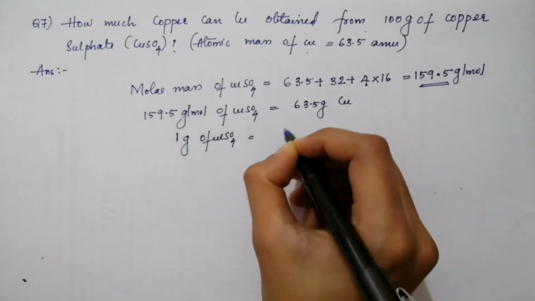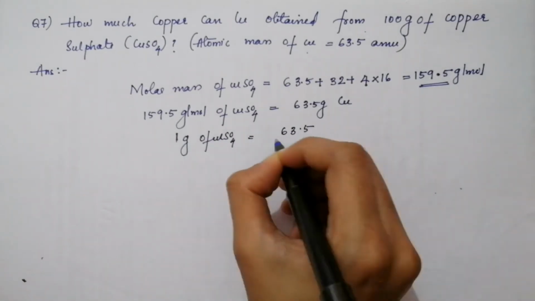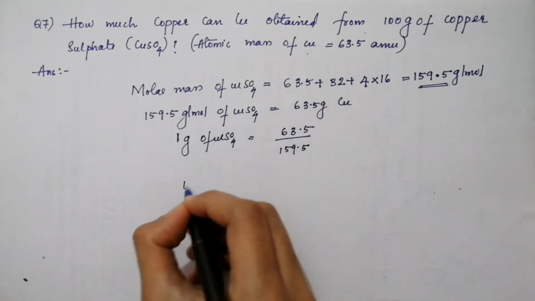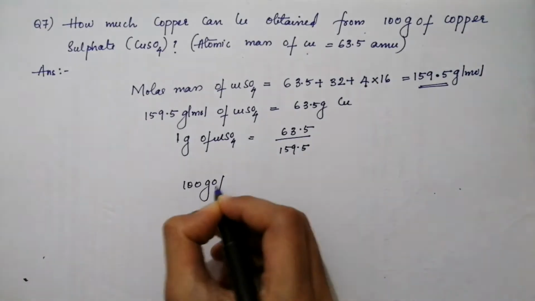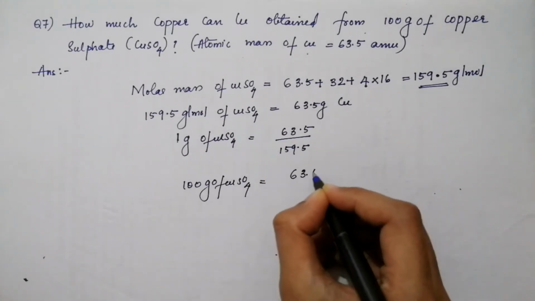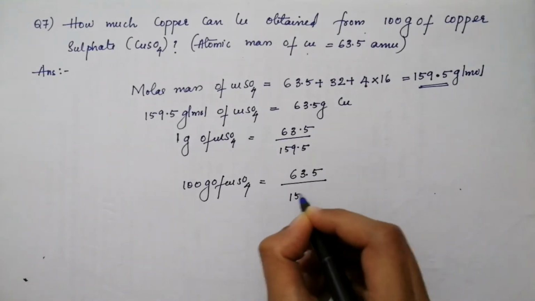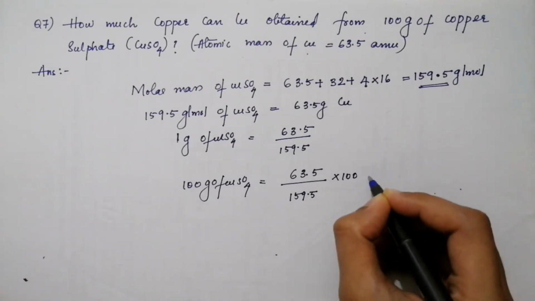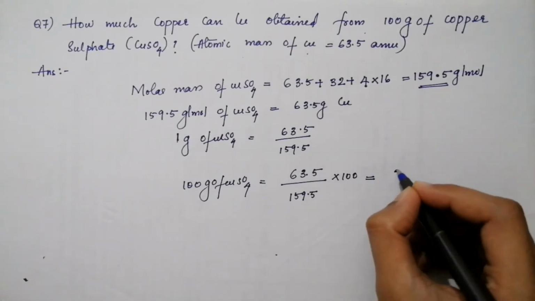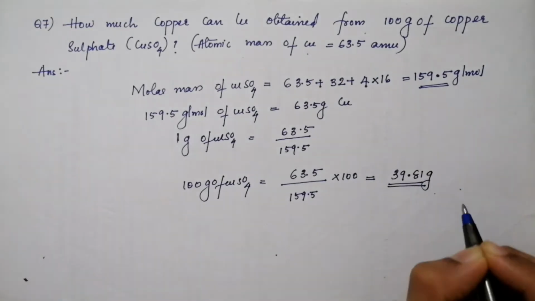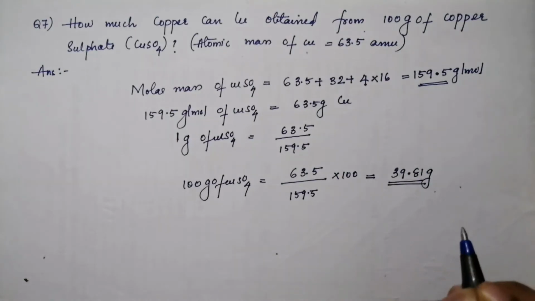That will be 63.5 divided by 159.5. So, for 100 gram of copper sulfate, the amount of copper will be 63.5 divided by 159.5 into 100. Solving this, we have 39.81 gram. So that is the answer for this question.